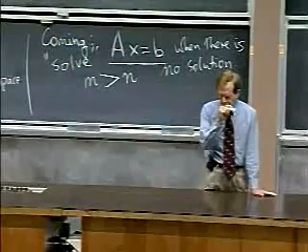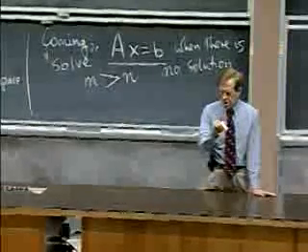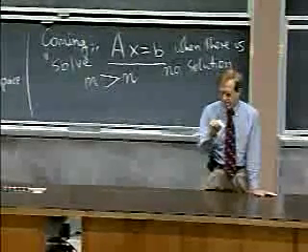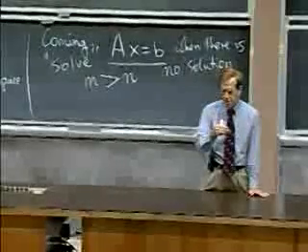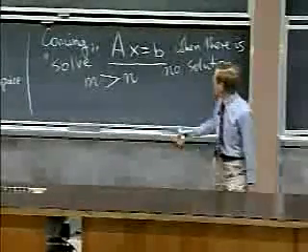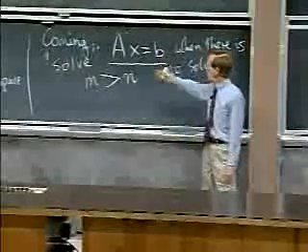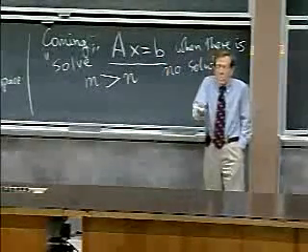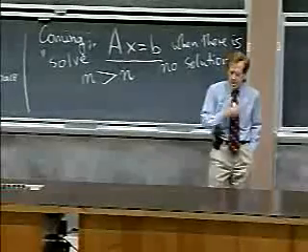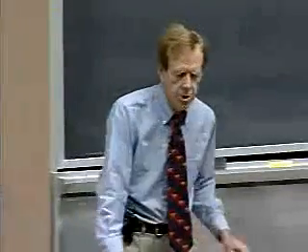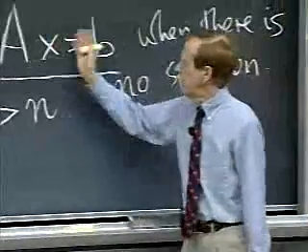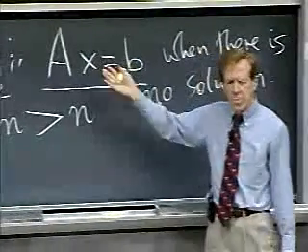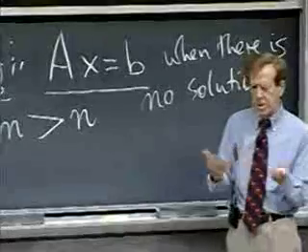Now, that describes the problem in an algebraic way. I've got some equations. I'm looking for the best solution. Well, one way to find a solution is to throw away equations until you've got a nice square invertible system and solve that.